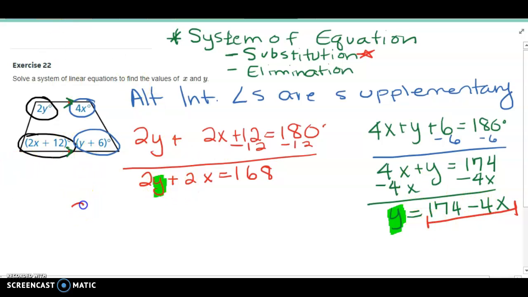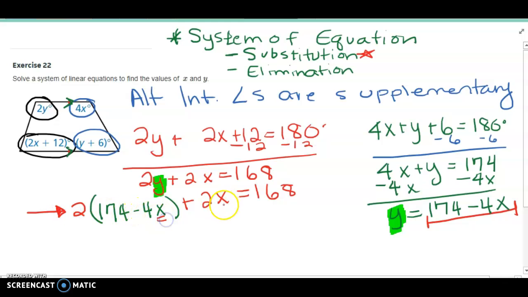So I could rewrite this equation as 2 parentheses 174 minus 4x, because that's what y equals, plus 2x equals 168. Now the reason I did this is because now we have this big long equation, but we only have one variable. All we have is the x.